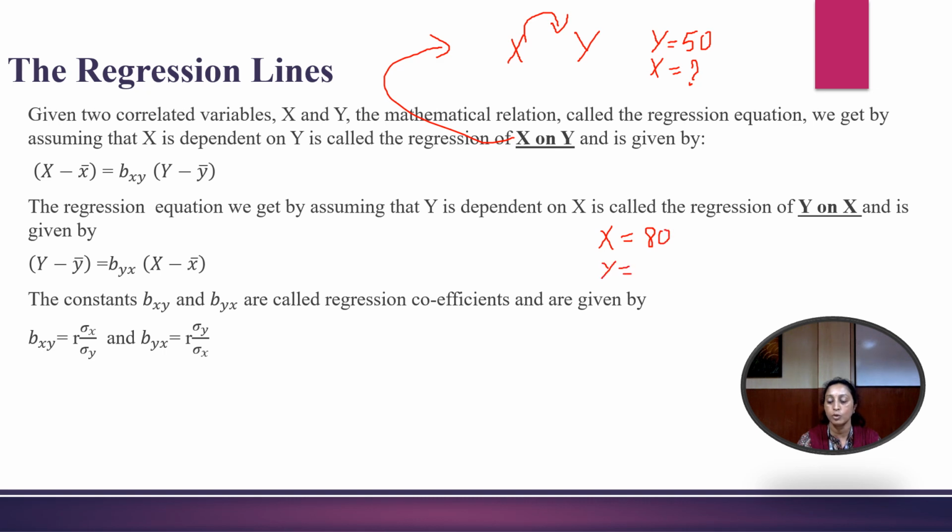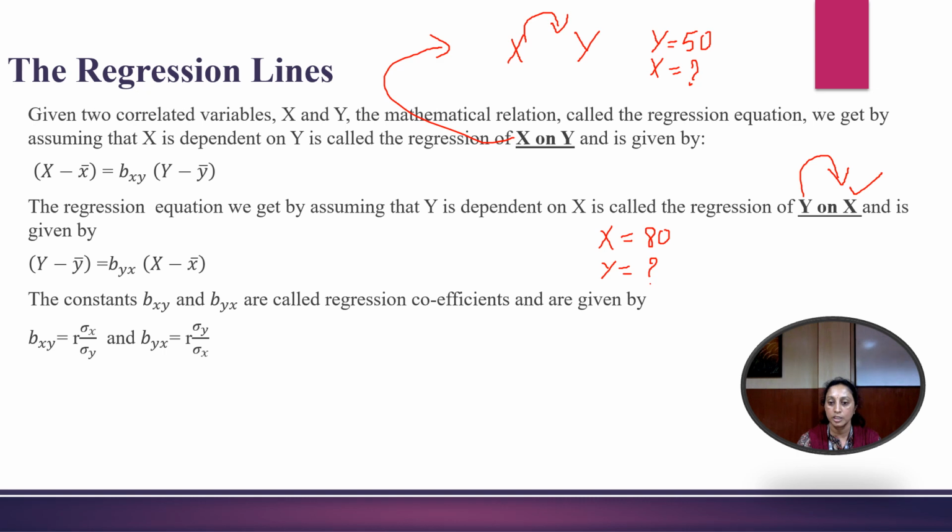In such cases, I can use regression line y on x. In the regression line y on x, x is considered the independent variable and y is the dependent variable. Y is dependent on x.